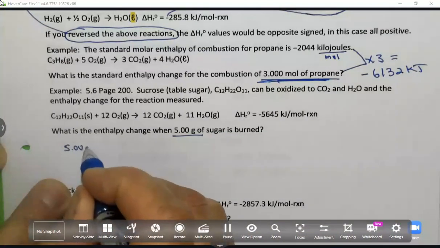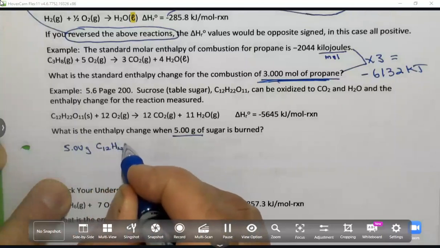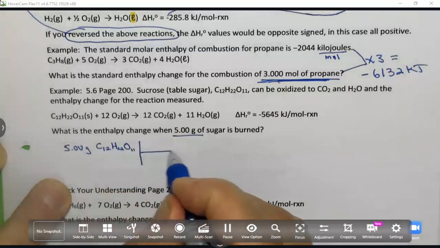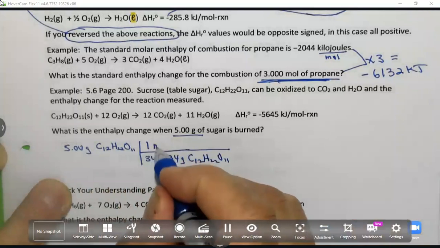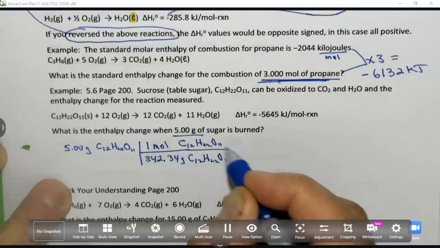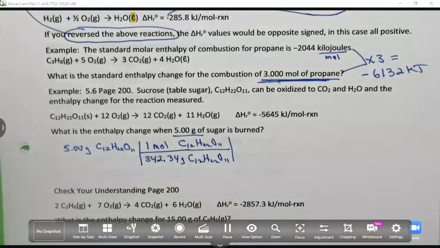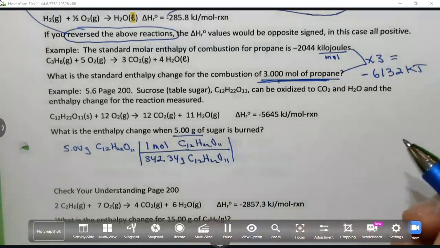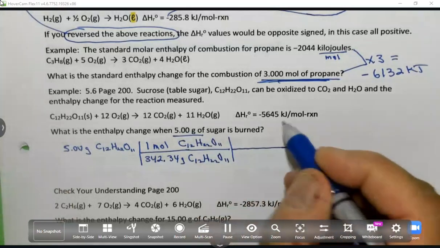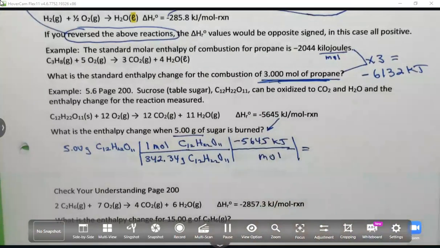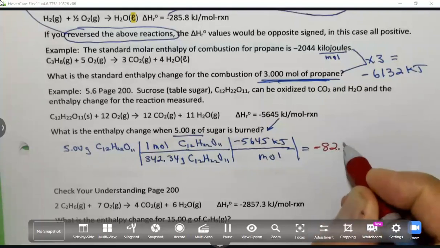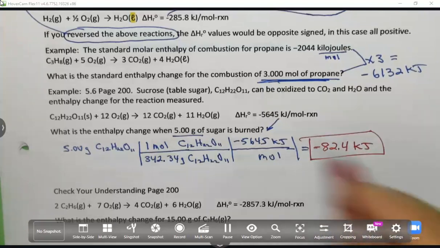Well, if we've got 5 grams of sugar, there are 342.34 grams in a mole, and then it is negative 5645 kilojoules per mole. And we get negative 82.4 kilojoules.